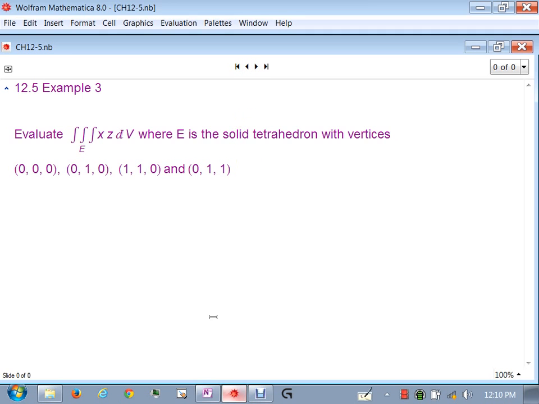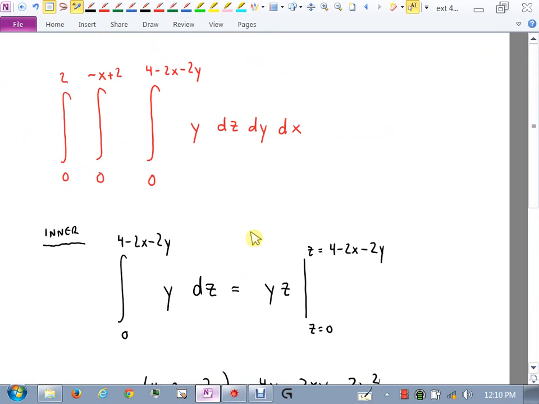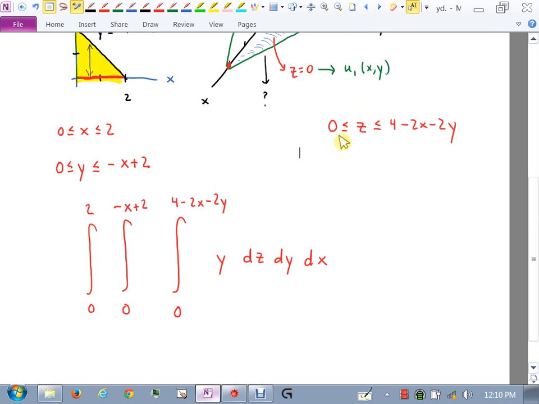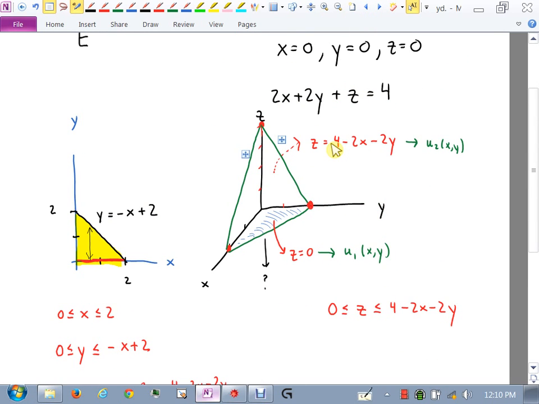Let me go back to this for a second. This one right here that we did earlier, I said that's a type 1 region, didn't I? Could I have done that as a type 2 region? Yes. If we did, we should get the same answer, shouldn't we?